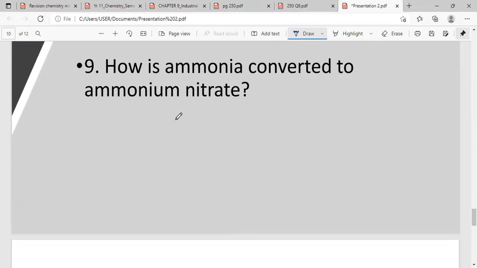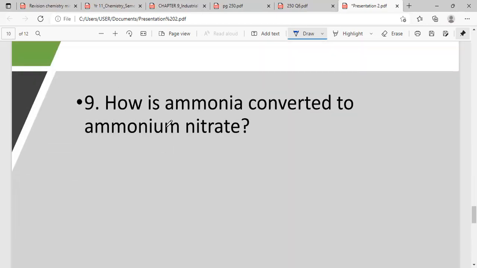How is ammonia converted to ammonium nitrate? From ammonia, how do you get ammonium nitrate? We learned that most of the ammonia is converted to make fertilizers like ammonium nitrate. Good. Ammonia is reacted with nitric acid. So those were some of the questions to recap what we learned in the previous lesson.